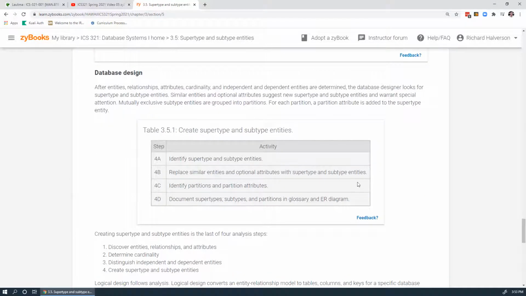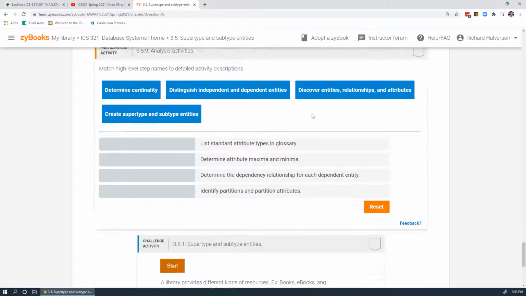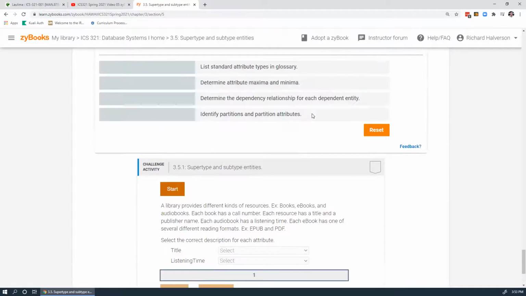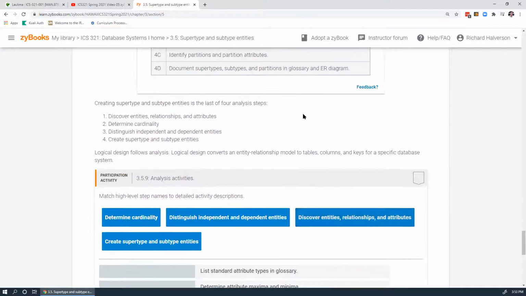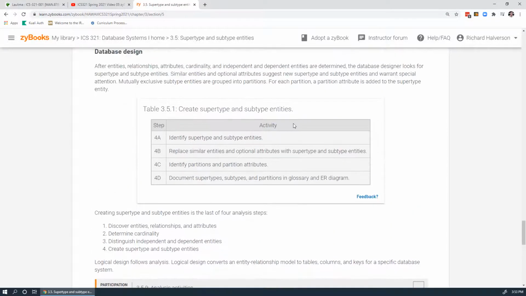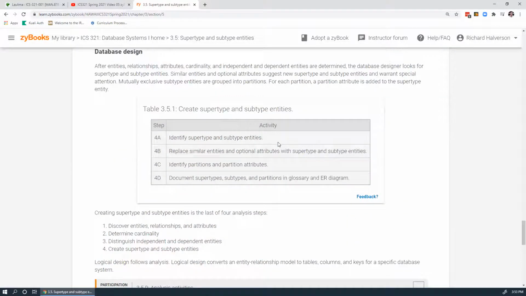All right, so now we're moving into how, after we've analyzed everything about all of the different entities in our new database, we figure out how we're actually going to implement it using some kind of SQL database.